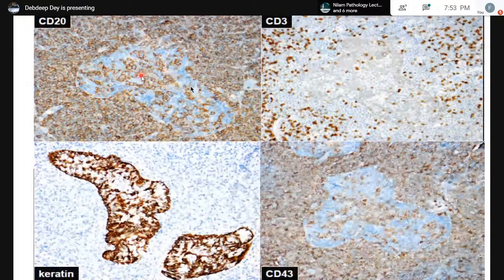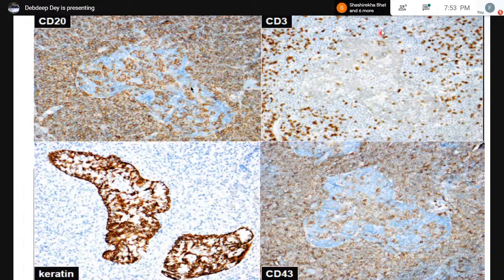This is a very classical picture of a CD20 population. This is a crypt which is getting infiltrated by these CD20 positive cells, resulting in the classical lymphoepithelial lesions. As you can see, in the same area there are negligible amounts of CD3, and this is the cytokeratin highlighting the crypts, and the crypts are being punctuated by the CD20 positive B cells.